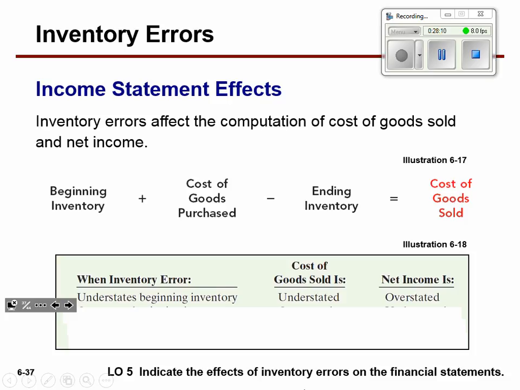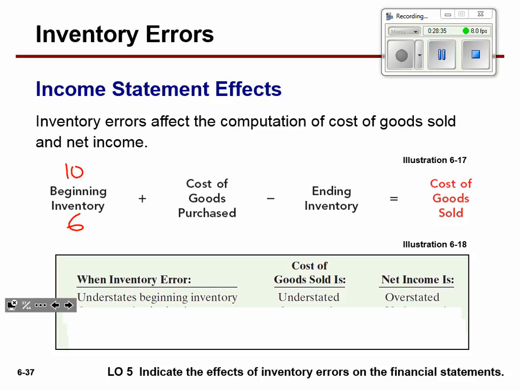But when this type of inventory error occurs, so if you understate what you started with, understating means, like, let's say there's 10 units in beginning inventory. Let's say that we understate that and we only counted 6. Someone who was in charge of counting those 10 units screwed up and they only counted 6.